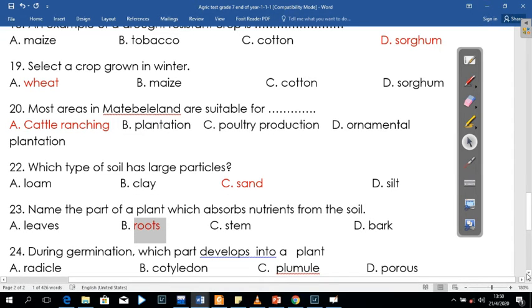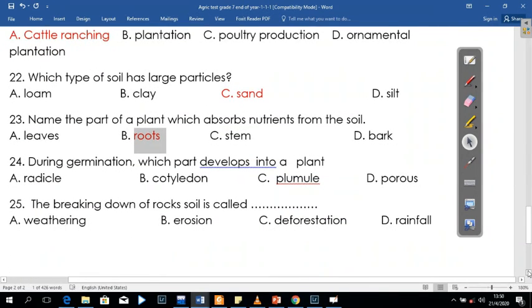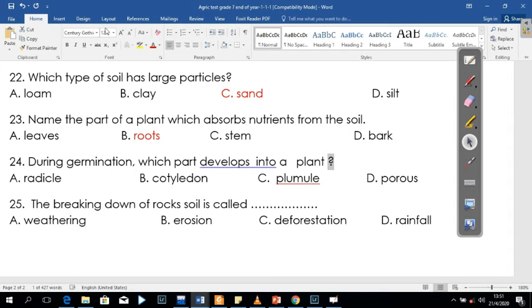And these are the rules, right? During germination, which part develops into a plant? There's a question mark I have to put. Because of the font size that I've used, this is Microsoft Word, so this character here is not a question mark, but it's representing a question mark.